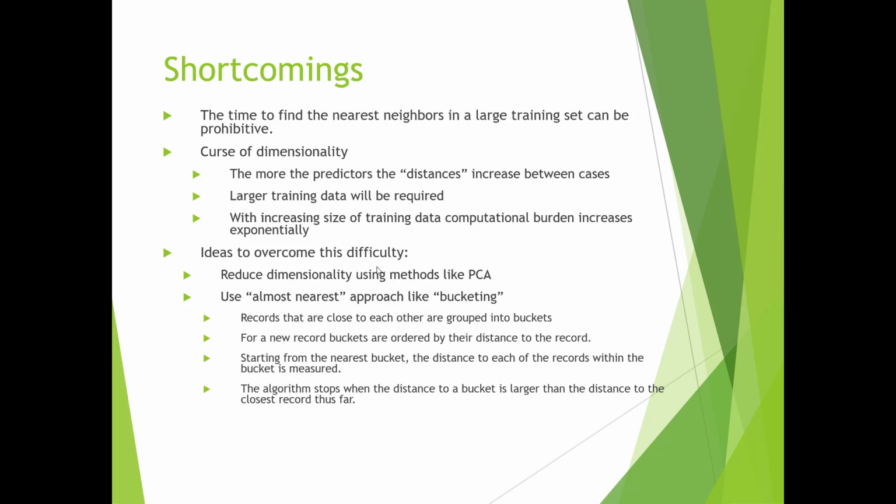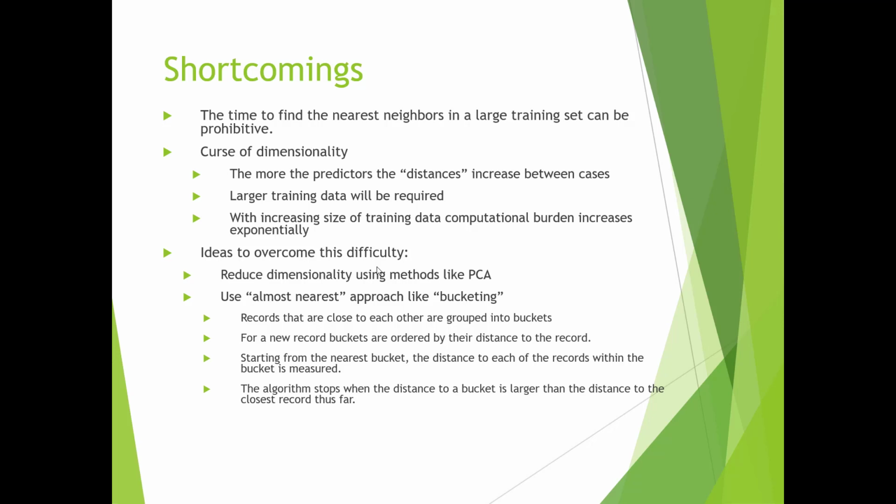So the points become far apart from each other. That means you need to have more observations in your data set to be able to have a reliable and stable prediction. So the more predictors, the more the distances increase, because the universe increases.